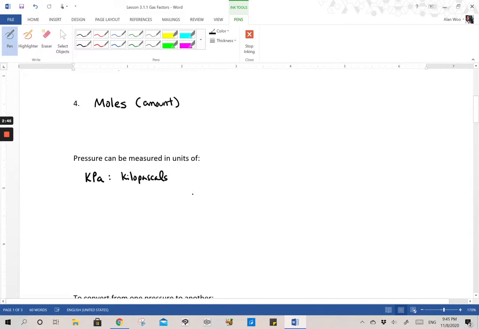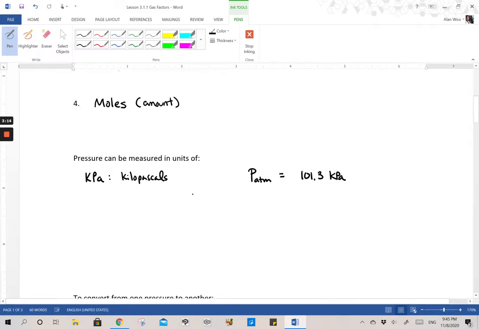And we also know that normal atmospheric pressure, P ATM, is 101.3 kPa, or 101.3 kilopascals.